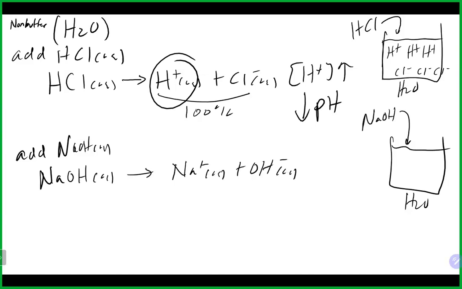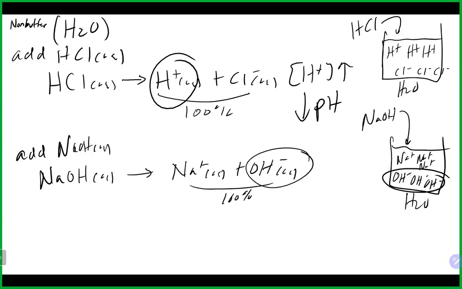The sodium really won't do anything. It's just going to hang out and swim. But the important part is you're going to dump a bunch of free OH minus into that solution. Because this is going to 100% break apart, you're going to add a lot of hydroxide, so you'll see a pretty big jump in the hydroxide concentration very quickly.